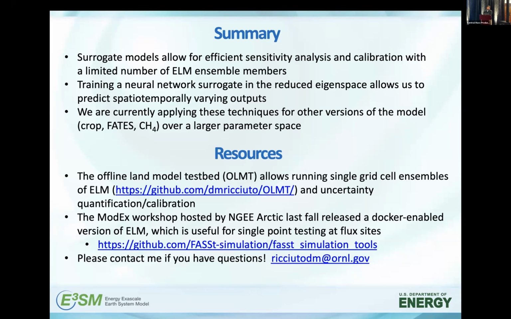We're currently applying these techniques to other versions of ELM. This was a very focused example just on the photosynthetic parameters. There are crop versions of ELM, there's SPATE, which brings in vegetation demography, and there's a methane submodel. So we're interested in calibrating the parameters associated with those processes as well.